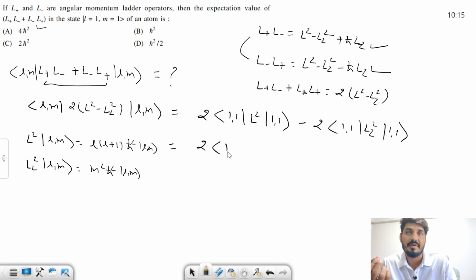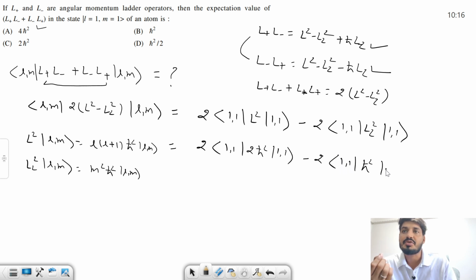I can write 1 1 here as it is. This is 2 h cut square 1 1, and this is minus 2, and then 1 1, and this is simply h cut square 1 1.